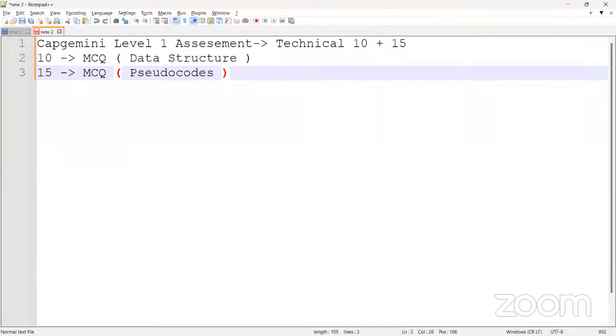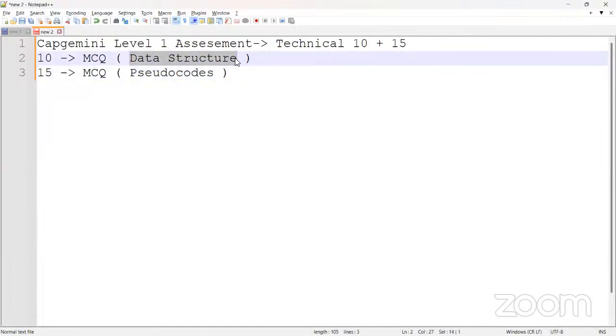Capgemini changes the time of this section all the time. Last year they mentioned 25 minutes, and in the last one year they have mentioned 20 minutes. So either 20 minutes or 25 minutes is the technical section we are supposed to have. To talk about data structures, we are going to prepare on it.